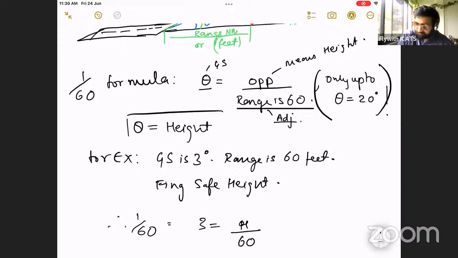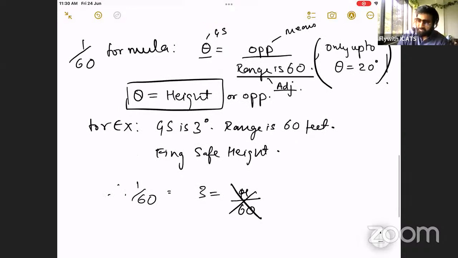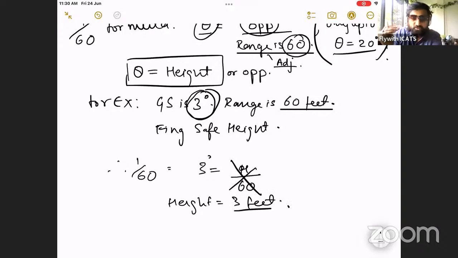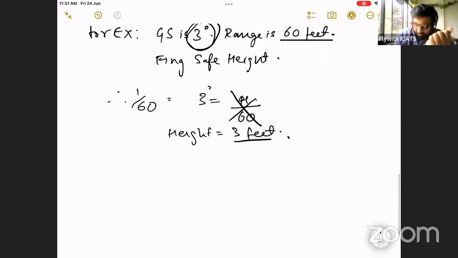This is the meaning. So you don't need to solve. Your glide slope in the example is 3 degrees and your range is 60. If your range is 60, then your theta is equal to the height. So if your theta is 3 degrees, then your height is equal to 3 feet. So when you are 60 feet away from the runway threshold, then your height is 3 feet, equivalent to your glide slope.